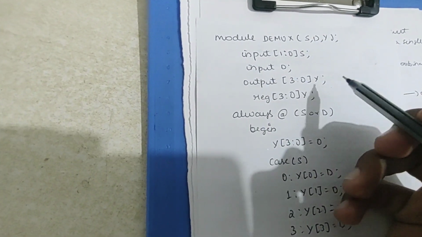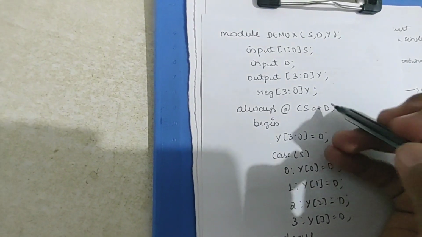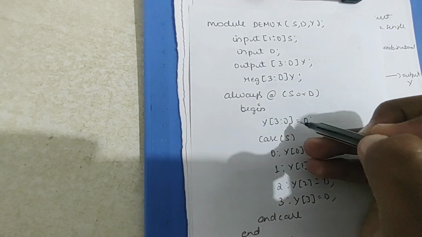Here Y = 4'b0000 initializes all the bits of the Y register to the value 0, and always @(S or D) begin.